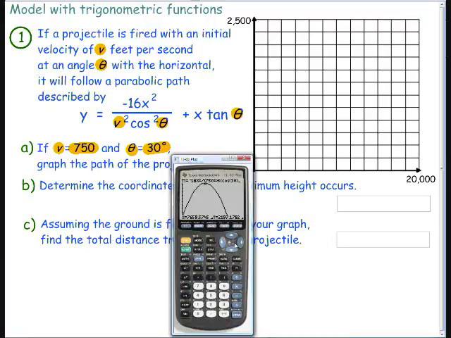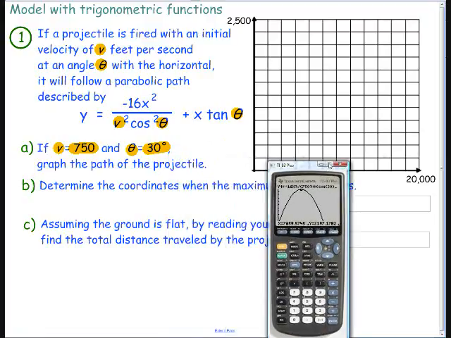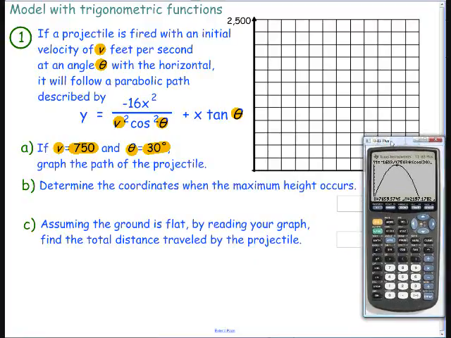Okay, so 2197 is maybe the max. And where am I with x when that occurs? See over here, it asks you to determine the coordinates when maximum height occurs. We just used our trace function to approximate that.